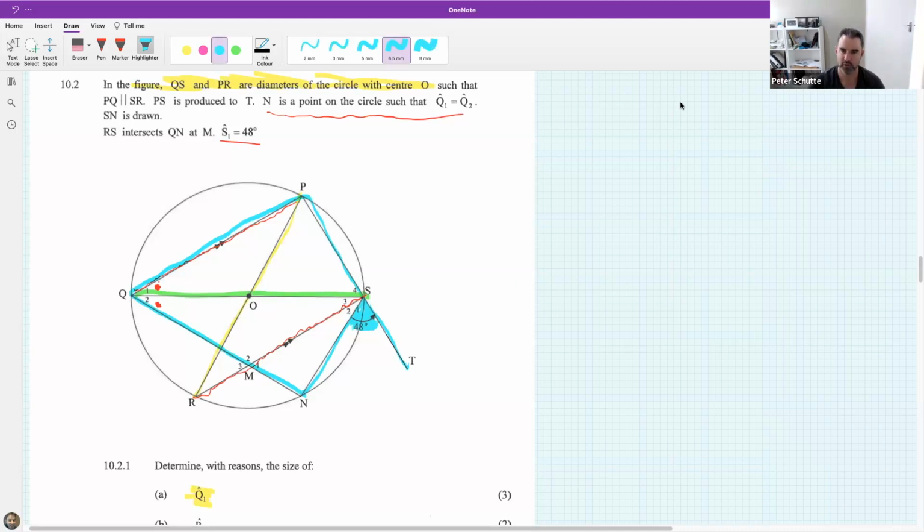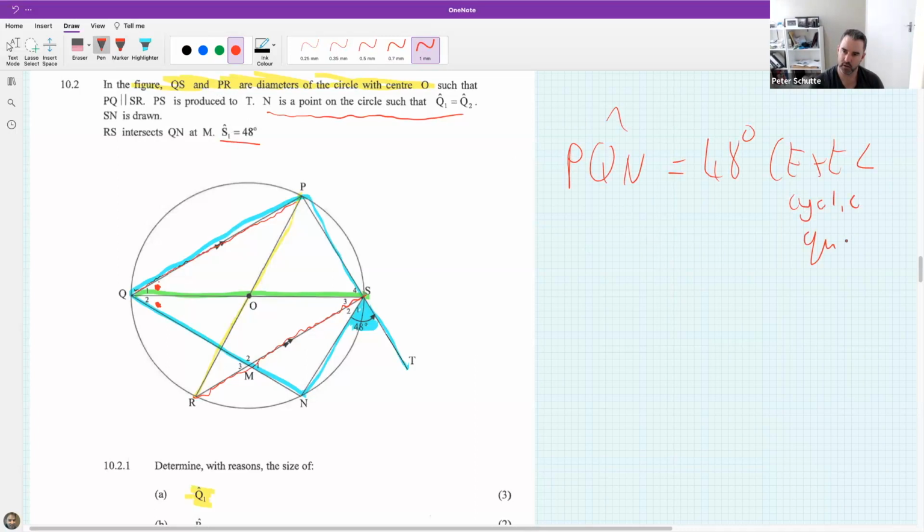We can do the first bit of writing, I guess. We can say, look, angle PQN is 48, and that would be exterior angle cyclic quad. But now remember that you have just got this whole thing over here.